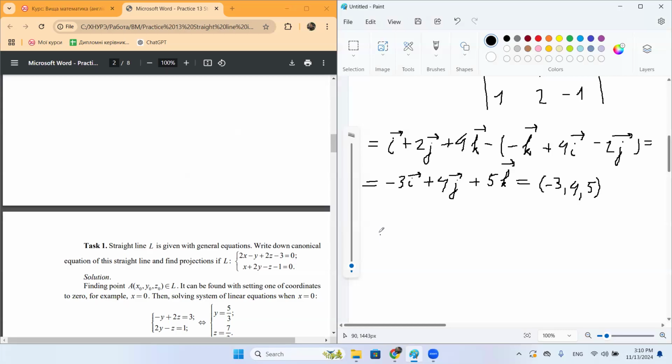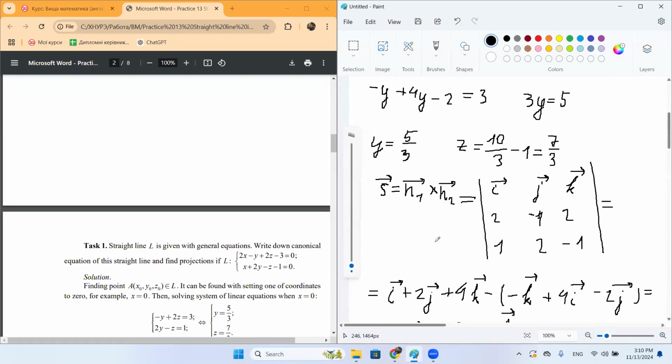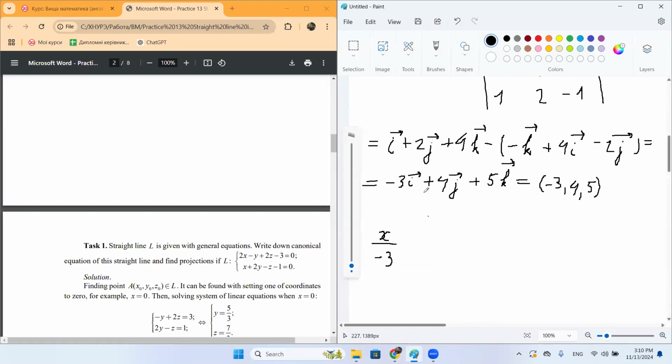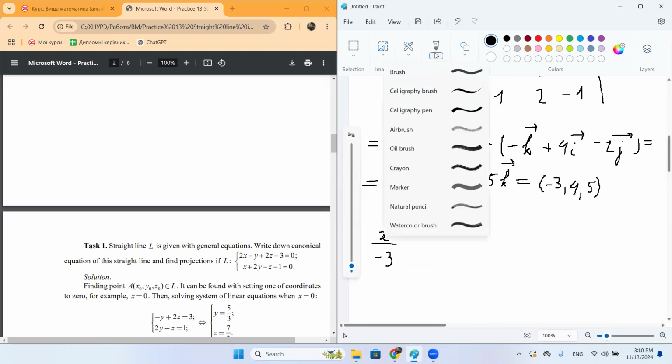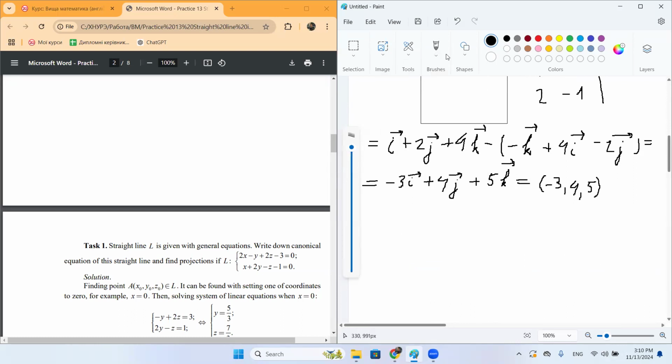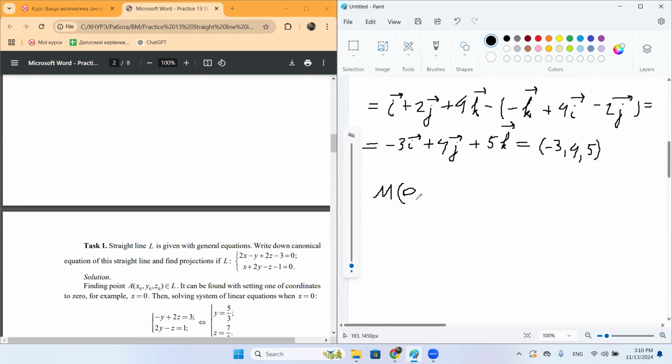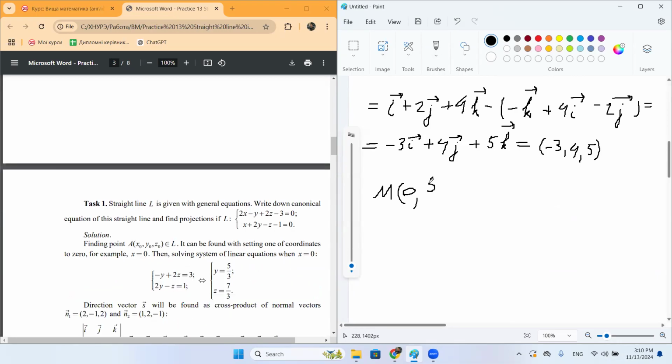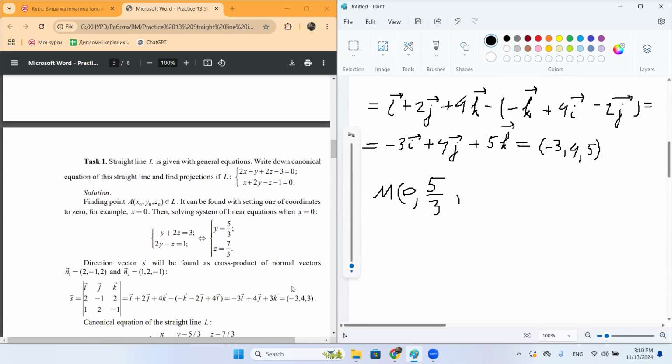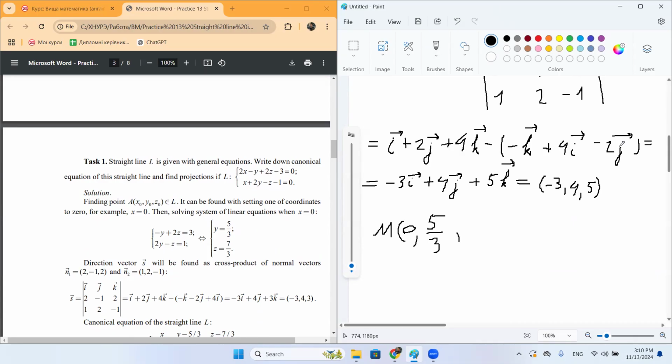So the canonical equation is the following: x over minus 3. Let's write down the coordinates of point M, for better understanding of what is happening. So M with coordinates 0, 5 thirds, and minus 4. Yes, something is incorrect here.